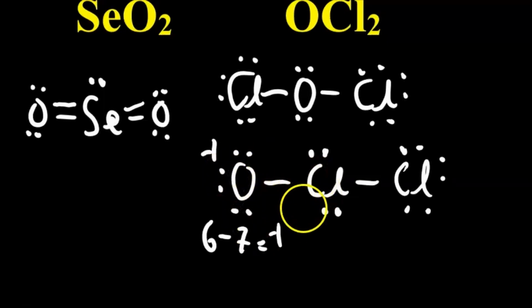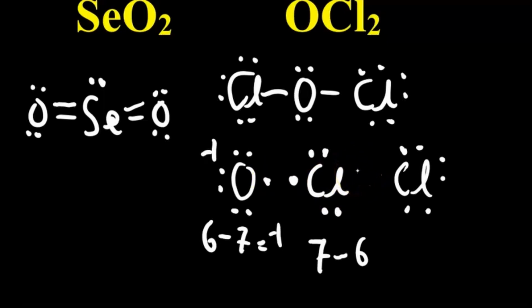This chlorine, we expect there to be 7, but it owns 8. 1, 2, 3, oh sorry, it owns 6, not 8. There we go. It completes the octet, but it doesn't have 8 owned. In terms of owned electrons, we only count 1 in each bond, because a bond is made up of 2 electrons.